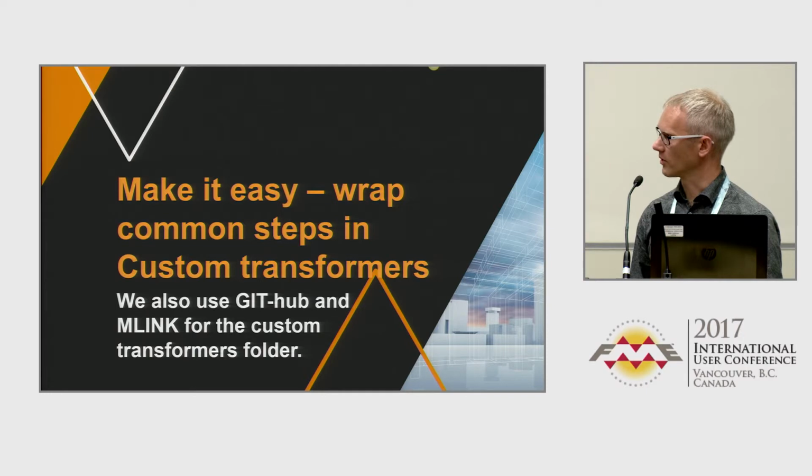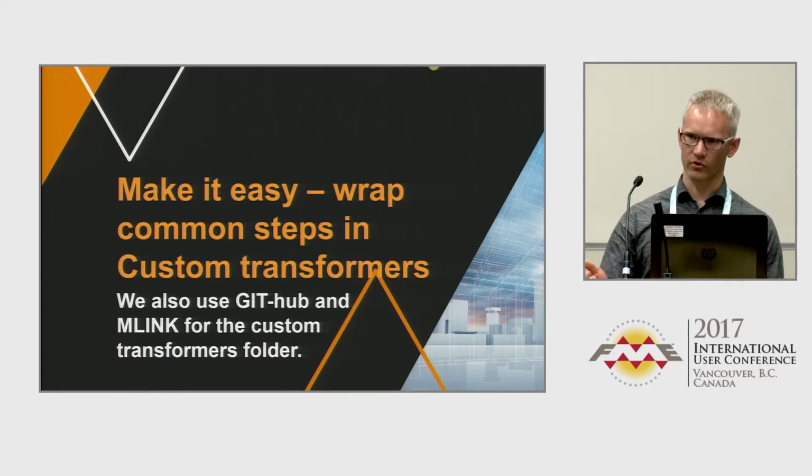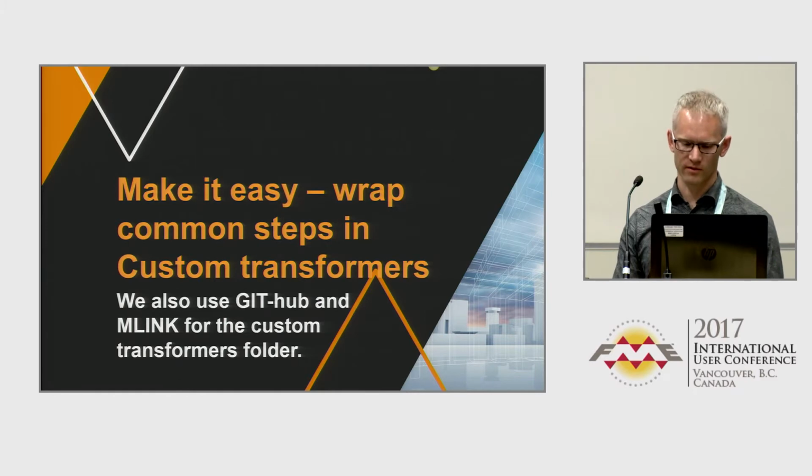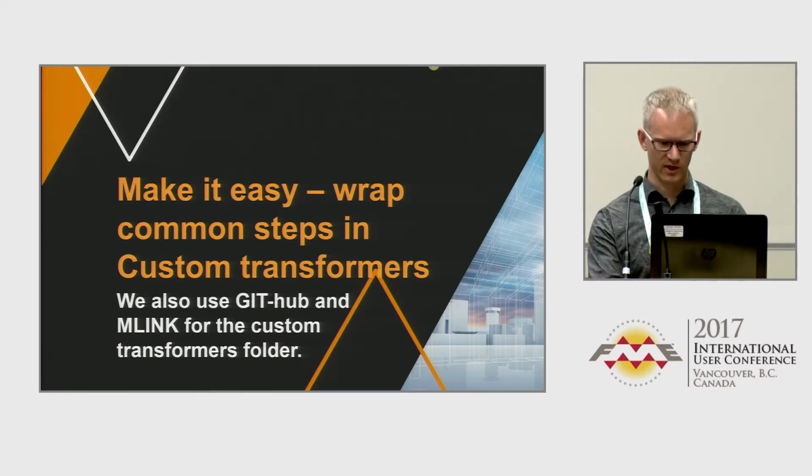A good thing about that is on your local machine you can make a symlink for the catalog to your local GitHub repository, so you don't have to reinstall those custom transformers all the time. It just picks them up from your local GitHub. So that's a good thing. Keep that in mind.